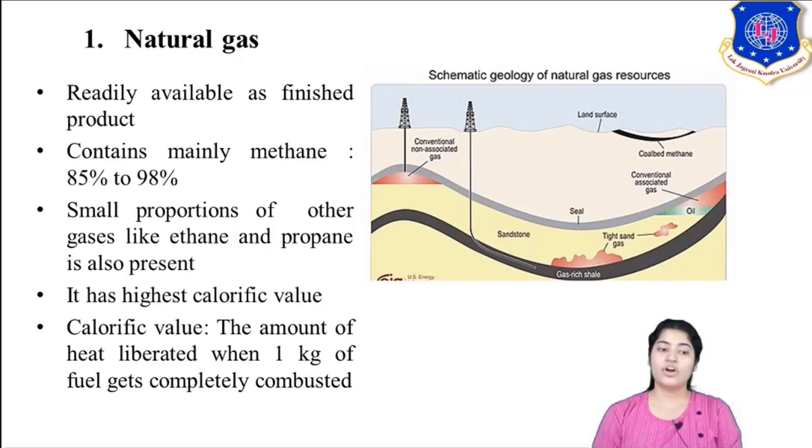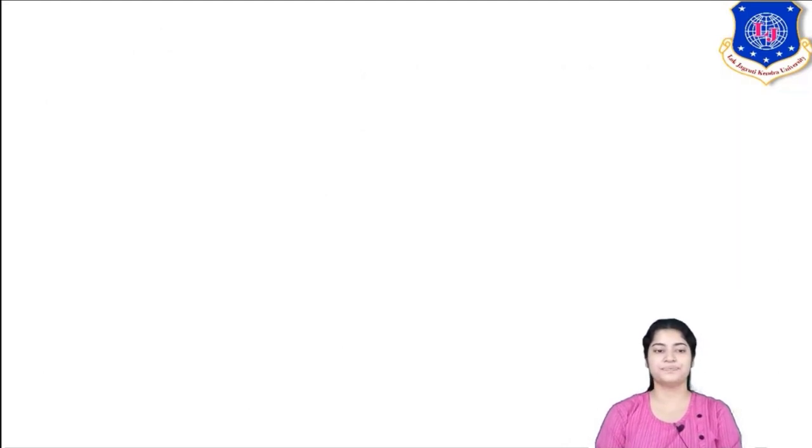Then because it has the highest constituent of methane, it can be readily oxidized to carbon dioxide, because about 85 to 98% methane is there. The fuel which can be combusted is in the highest quantity, so it can be readily oxidized to give carbon dioxide. So hence it will evolve a large amount of heat, hence it has a very high calorific value.